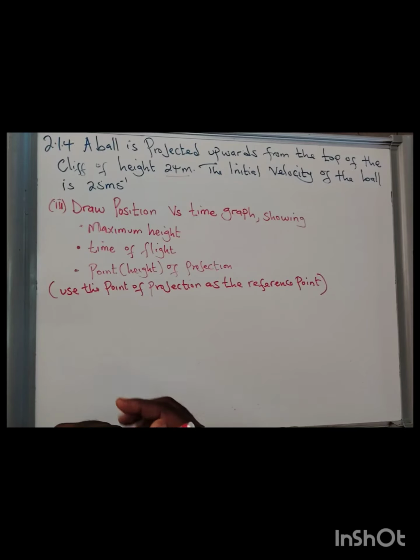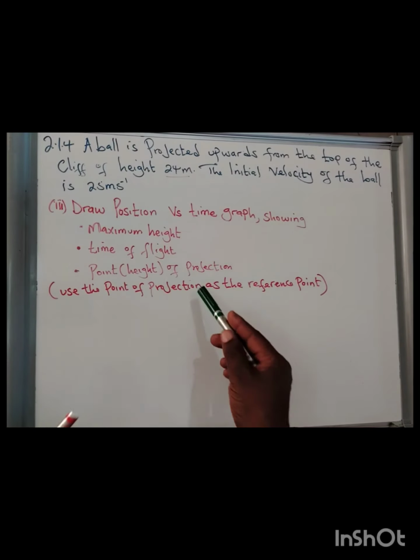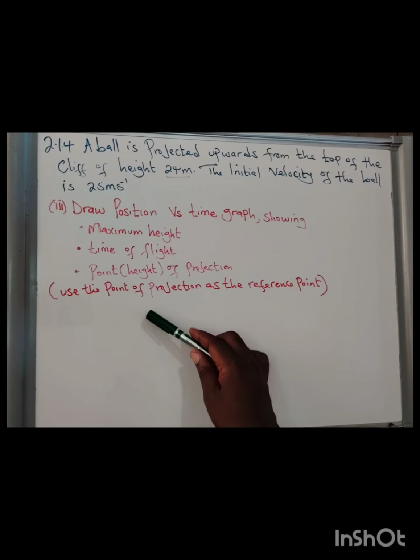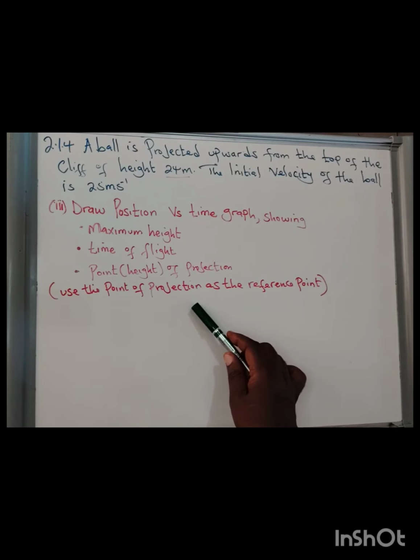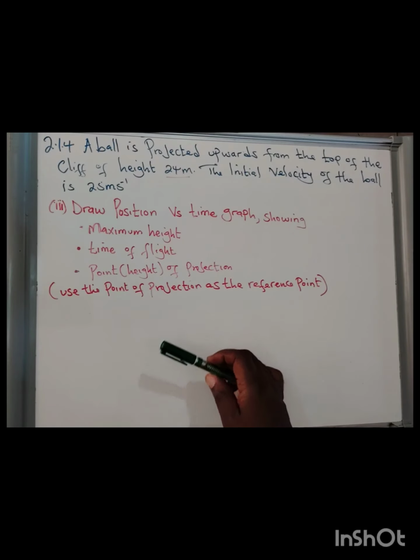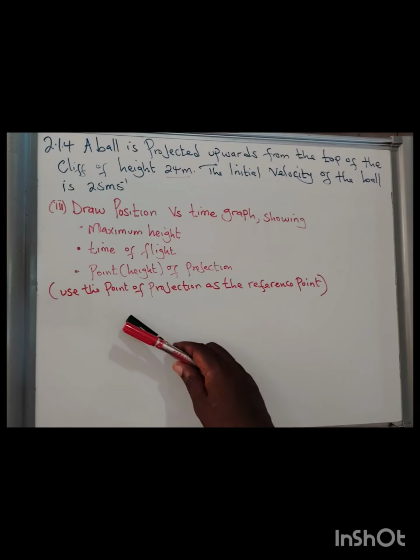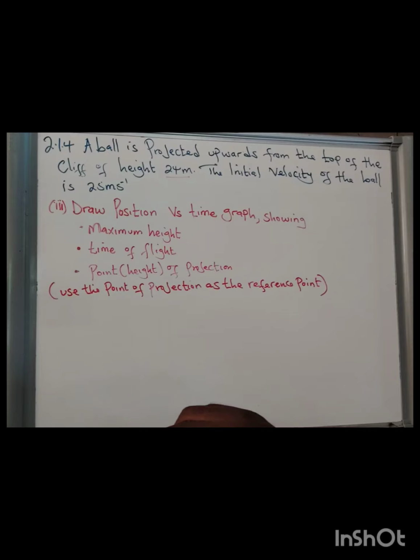Use the point of projection as the reference. This one is the only difference between this question and the previous question. In the previous question, the point of reference was the ground. In this case, the point of reference is the point of projection.